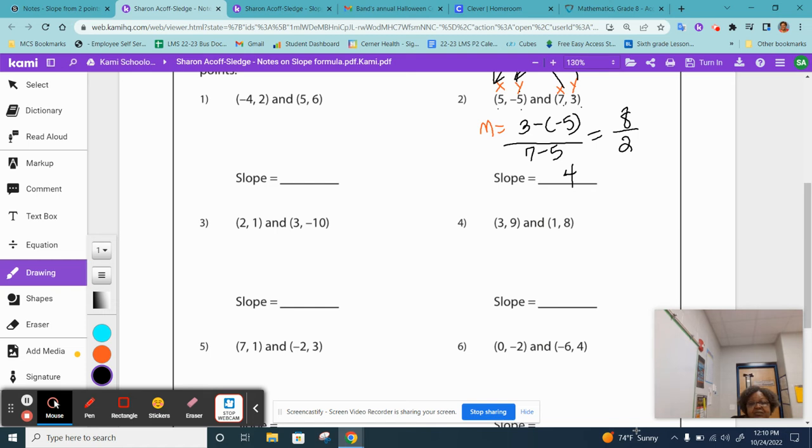Okay, so now let's do this one. Kennedy, which way do you want to draw the lines? To the left or to the right? To the right. So we're going to go this way. Okay.